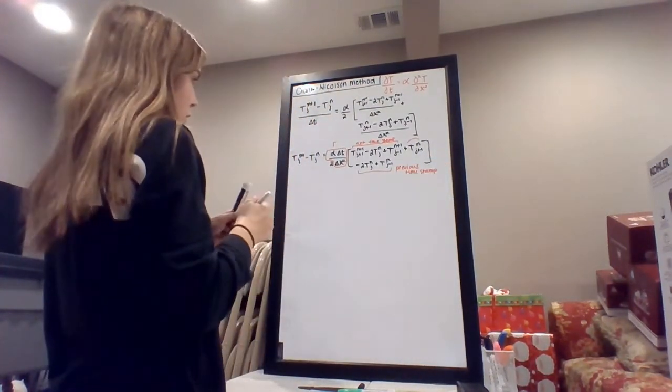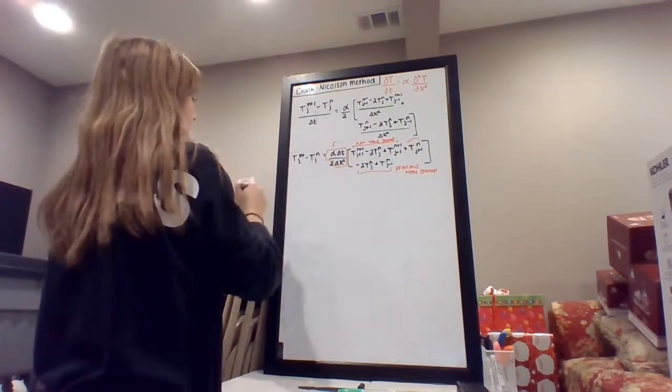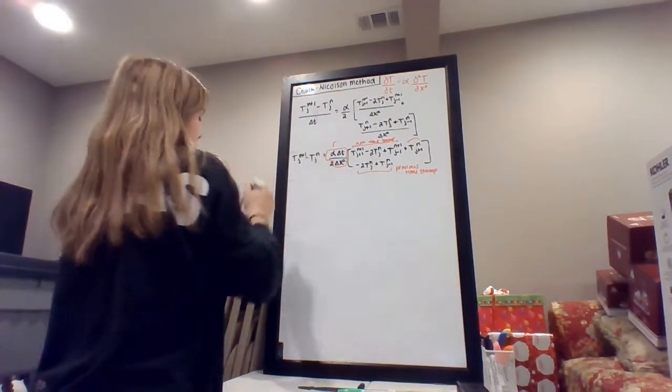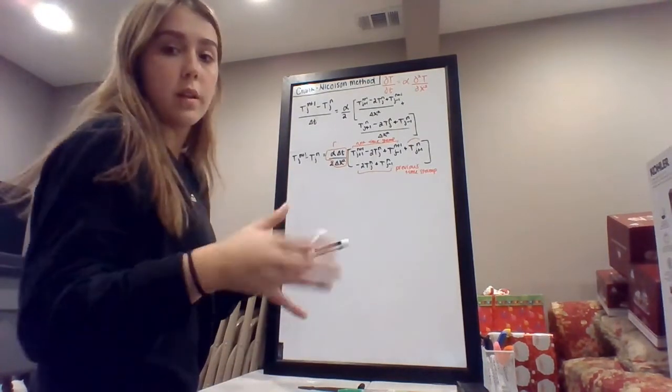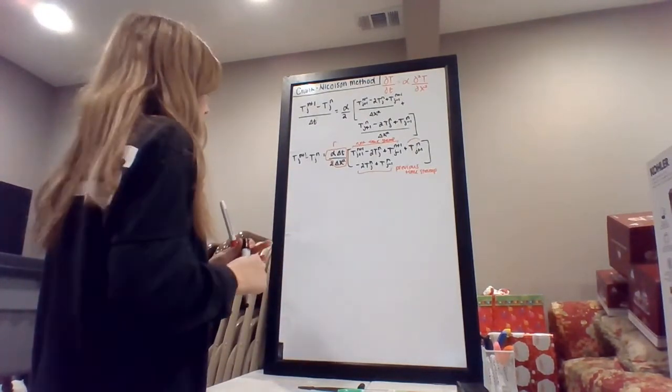And then you can rewrite it. Oh, I couldn't finish it. So you rewrite it to have n plus 1 on one side and n all on the other side. So I'll do that.